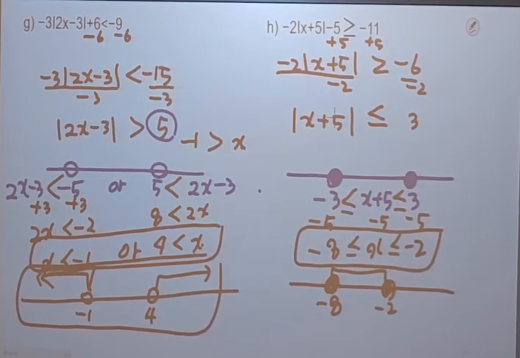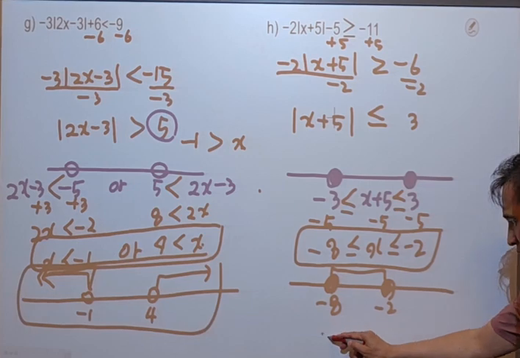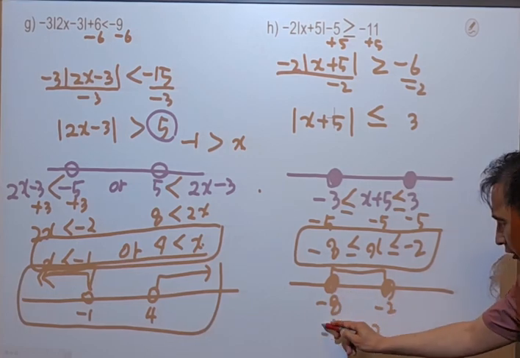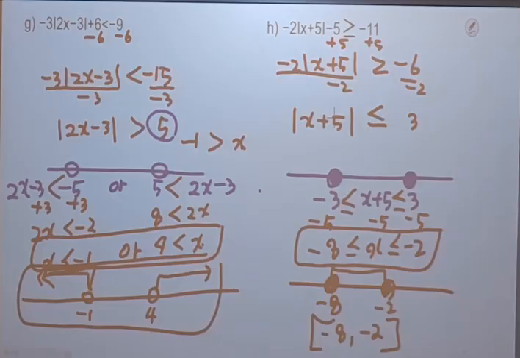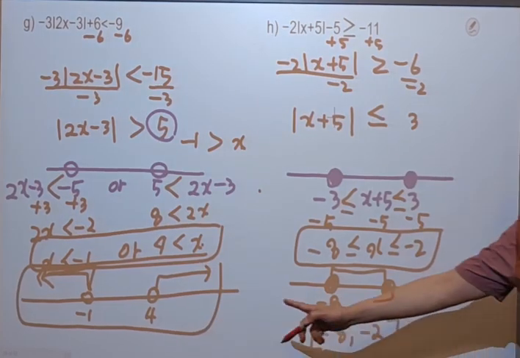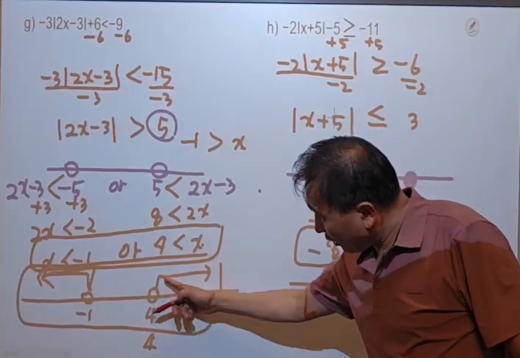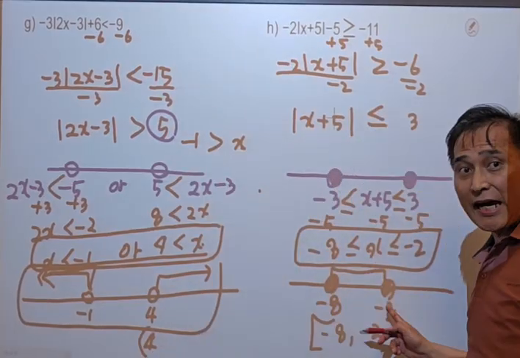And then, do you remember interval notation? The smallest number is negative 8, the biggest number is negative 2, closed, so brackets. And here, 4, and then it keeps on going. 4 is the smallest among these, but it keeps on going this side.